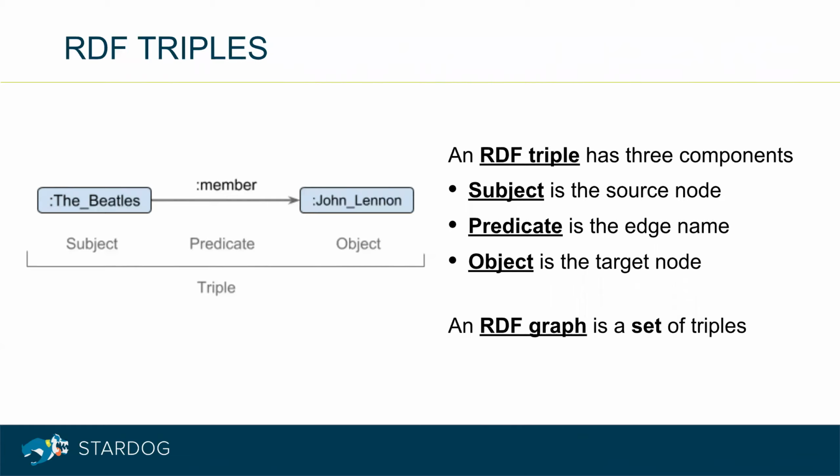The identifiers used for predicates are called properties. So in this example, member is a property that's used in the predicate position of the triple we see here. And an RDF graph is defined to be a set of triples, which can be visualized as nodes and edges, as we see here.